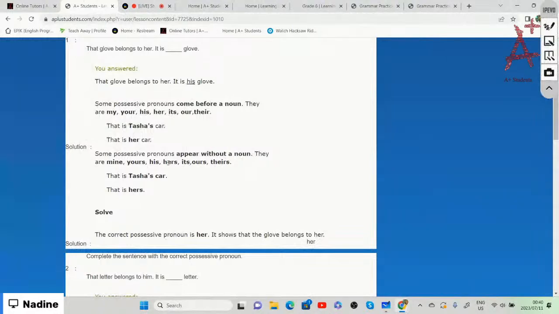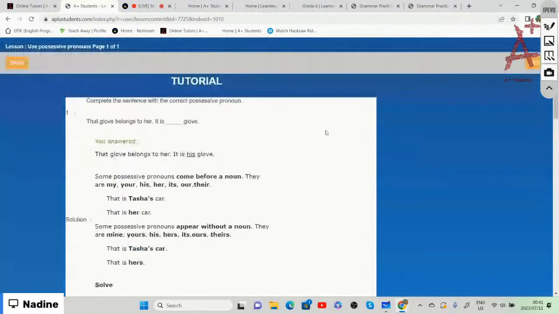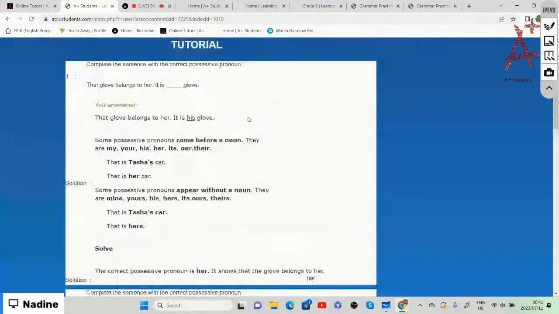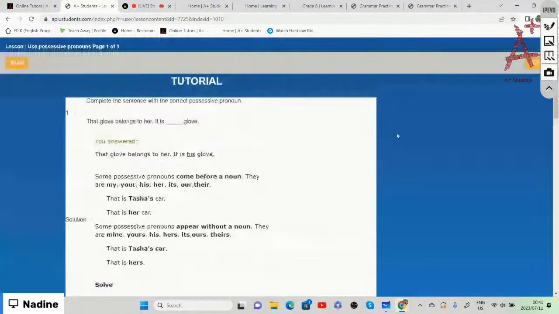It shows possession: it belongs to me, it's mine, yours, theirs, ours, his, hers; my, your, his, our, and their. Those are all possessive pronouns. And we already did the test as well as a grammar practice on possessive pronouns.